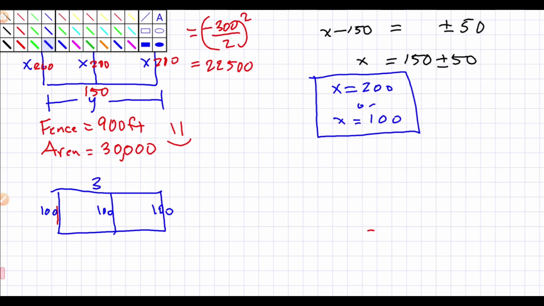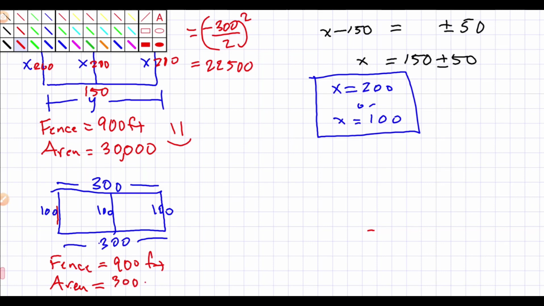That means this side is going to be 300 all the way from here to here, and this other side will be 300. So again, what does that leave me with? Fencing is 900 feet, like we're supposed to have. That's how much fencing they gave us, and we cover an area of 30,000 square feet. Let's write that in, and voila, we're done.